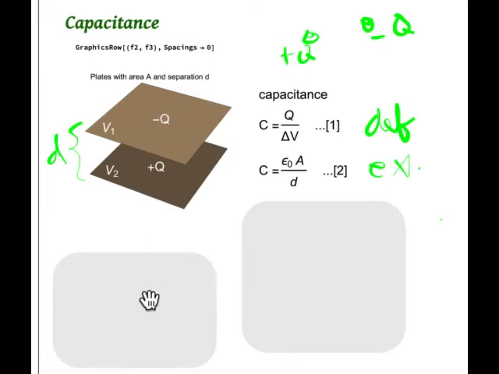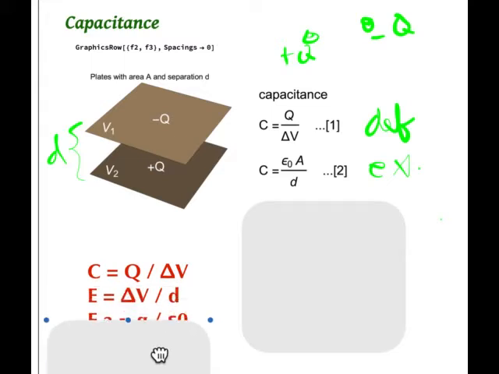So let's analyze this definition in terms of the electric field. We have this definition. C is Q over delta V. Now, the electric field is delta V divided by D. Remember, the electric field is the rate of change of the potential with respect to space.